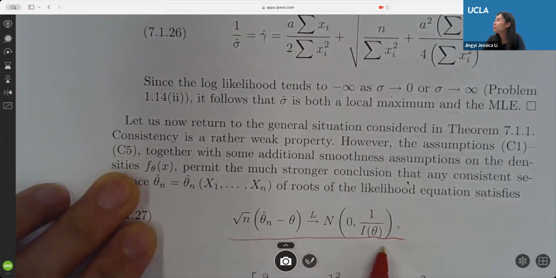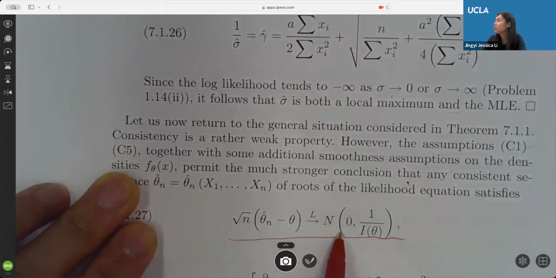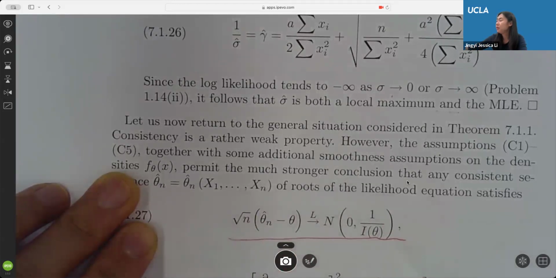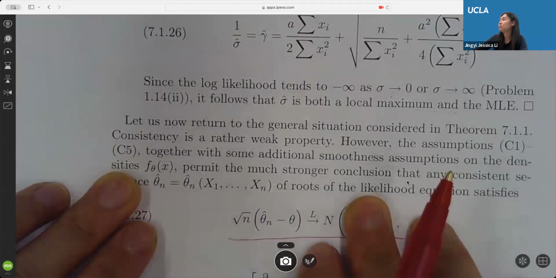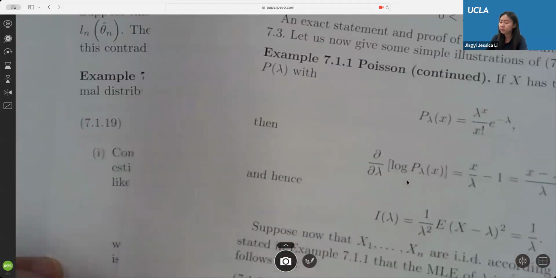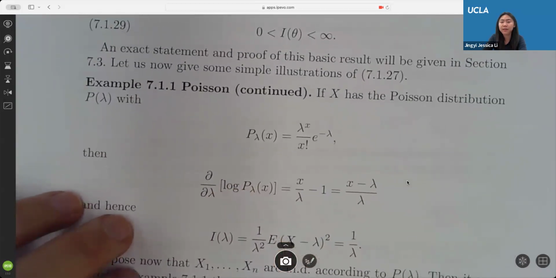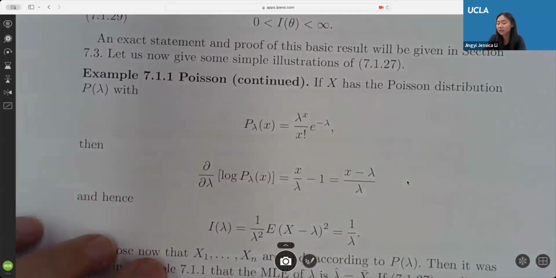It still goes down to 0 so quickly. So it has a 0 asymptotic variance, which means you converge to a point mass at 0. Then you would wonder how to make this bigger, right? Maybe from root n to n, then we can have a stabilized asymptotic distribution. Okay. An exact statement and proof of this basic result will be given in our next section.